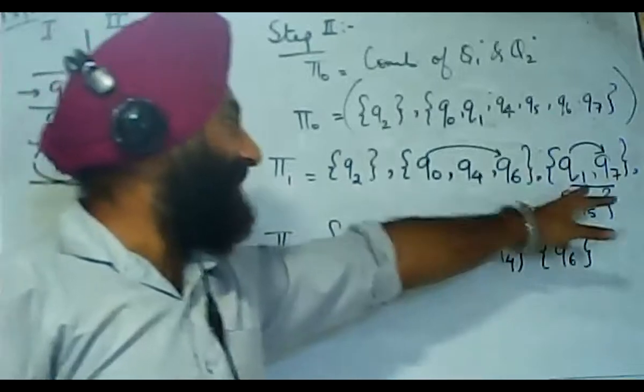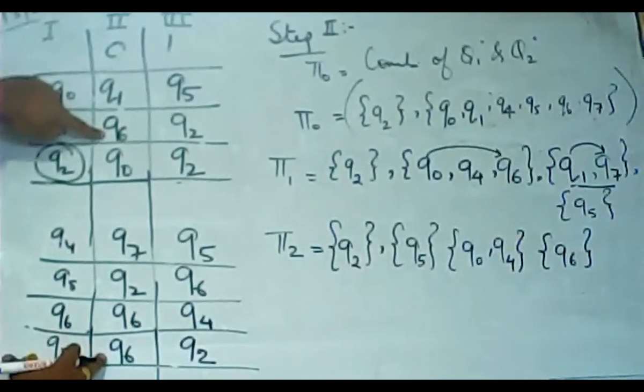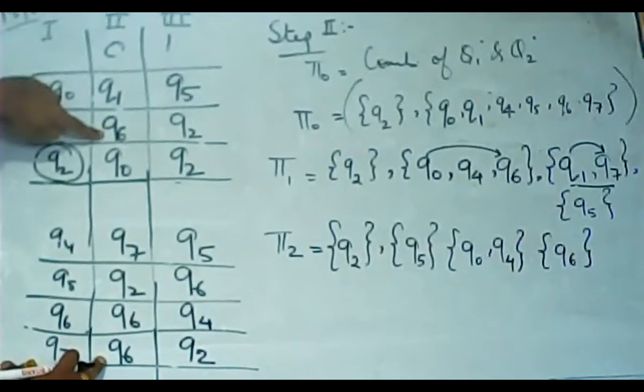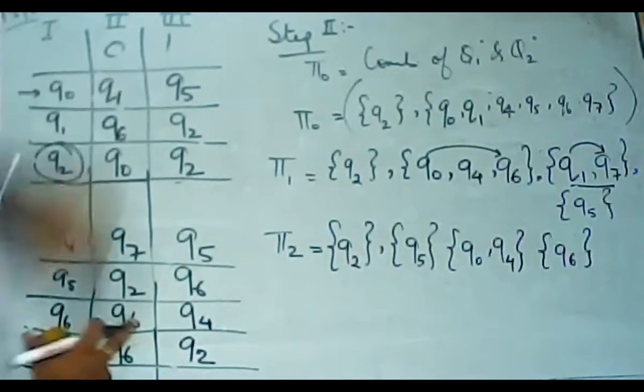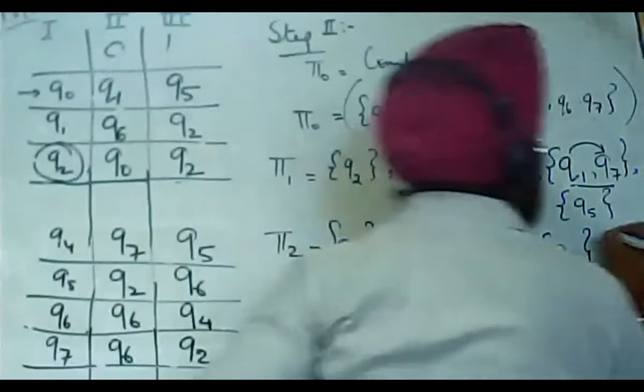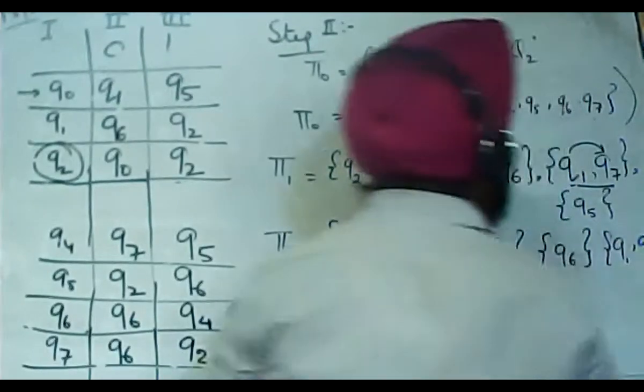So last comparison is between Q1, Q7. Q1, Q7, 6 and 6, same value, no contradiction. 2 and 2, same value, no contradiction. So here you can write it as Q1, comma, Q7.